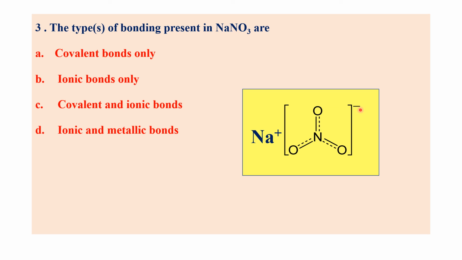There is an electrostatic attraction between Na+ and NO3-, so that bond is ionic. In the nitrate NO3- structure, nitrogen has covalent bonds with oxygen. So there are two types of bond present in sodium nitrate: ionic and covalent. So option C is the correct answer.